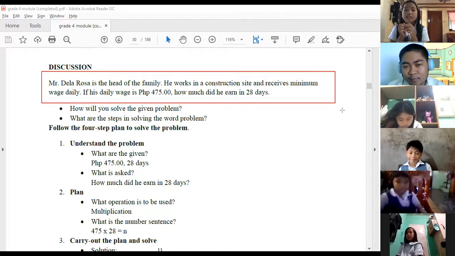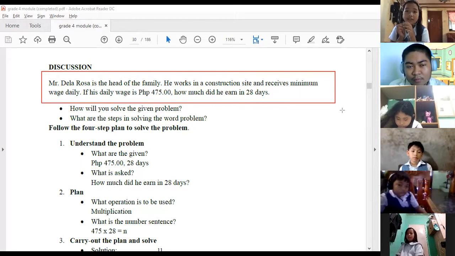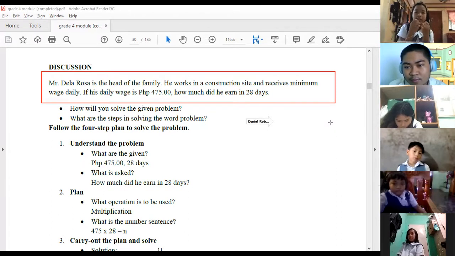He works in a construction site and receives minimum wage daily. If his daily wage is 475 pesos, how much did he earn in 28 days?